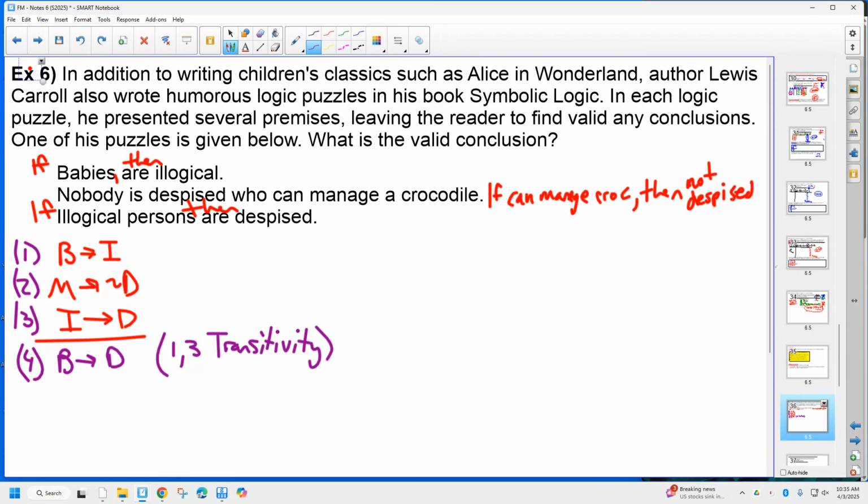Something else we can do that I haven't mentioned before, well, in this lesson, but last lesson we did, was the contrapositive. Remember, it was the inverse and the converse and the contrapositive.